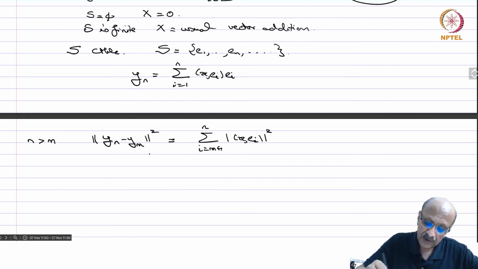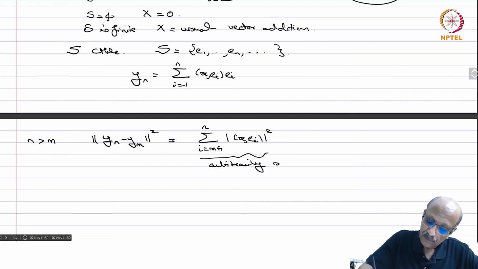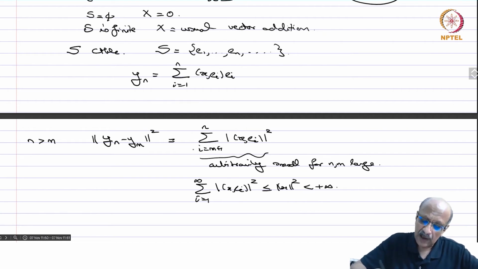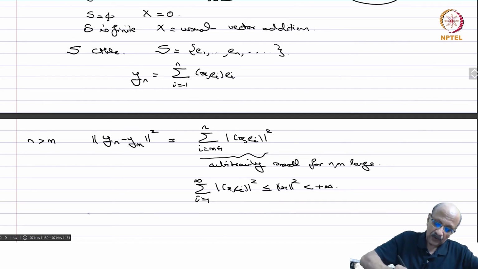So if you do this, now this can be made arbitrarily small for n, m large. Why? Because the sum of mod <x, e_i> square is a convergent series by Bessel's inequality. This is finite. So this is part of the tail of a convergent series, and therefore the Cauchy criterion tells you that you can make this small. So this implies that y_n is Cauchy.